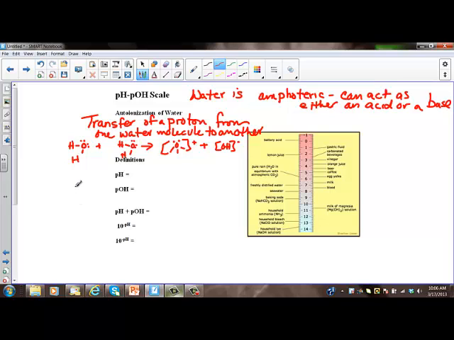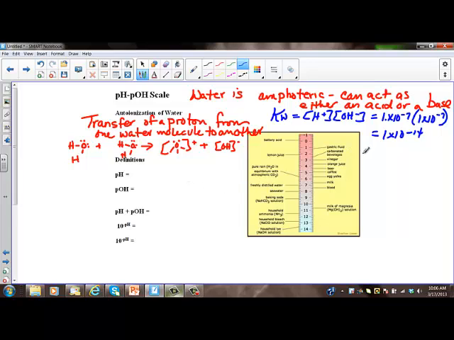So what we have to remember is that water is neutral. So the Kw for water is simply the H plus concentration times the OH minus concentration, which is going to equal 1 times 10 to the negative 7 times 1 times 10 to the negative 7, which is going to equal 1 times 10 to the negative 14, which is how we get our overall scale of 14.